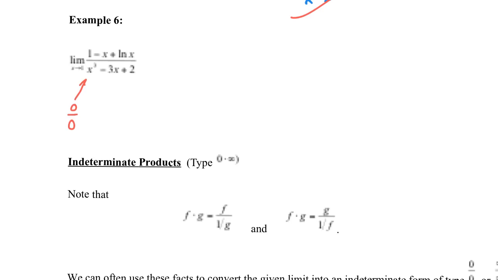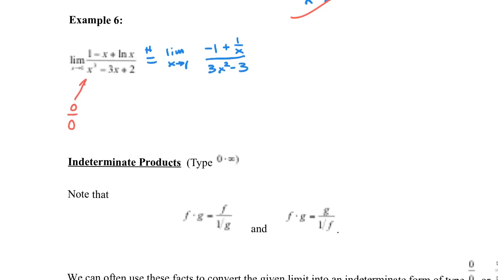We've got 0 over 0, which means that we can use L'Hopital's rule. So we put a little h here. The limit as x approaches 1, and we're going to get negative 1 plus the derivative of natural log of x, which is 1 over x. And on the bottom, we're going to get 3x squared minus 3.